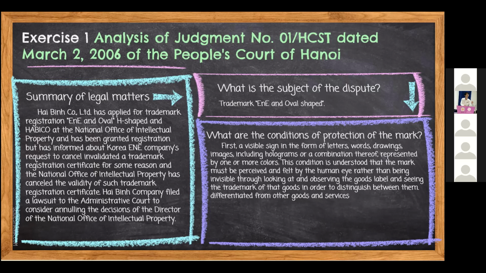Hải Bình Company filed a lawsuit to the administrative court to consider annulling the decision of the director of the National Office of Intellectual Property.